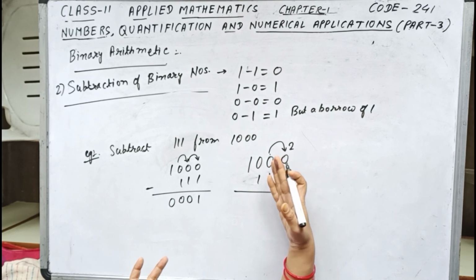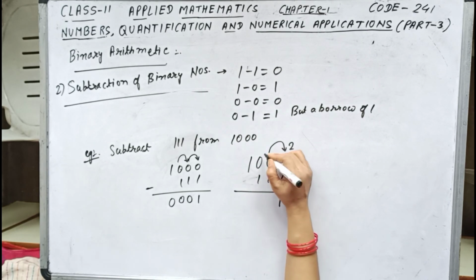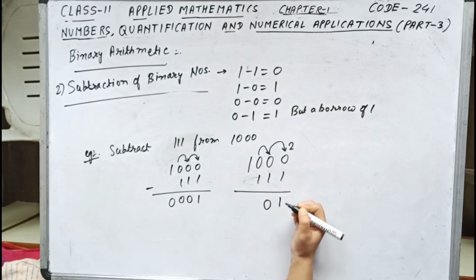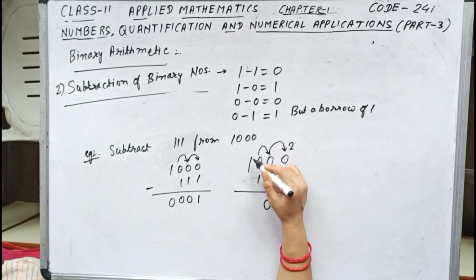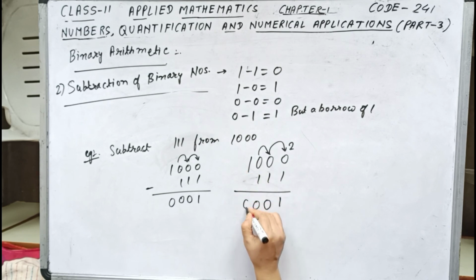It is already in deficit, so it will take 1 from here. So 1 minus 1 will be equal to 0. Again over here, it is already in deficit, so 1 it has taken from here, so 1 minus 1 is 0, and this is already 0, so 0001.